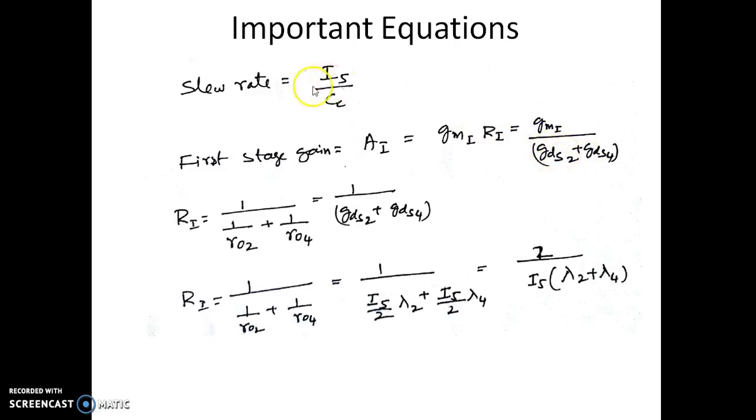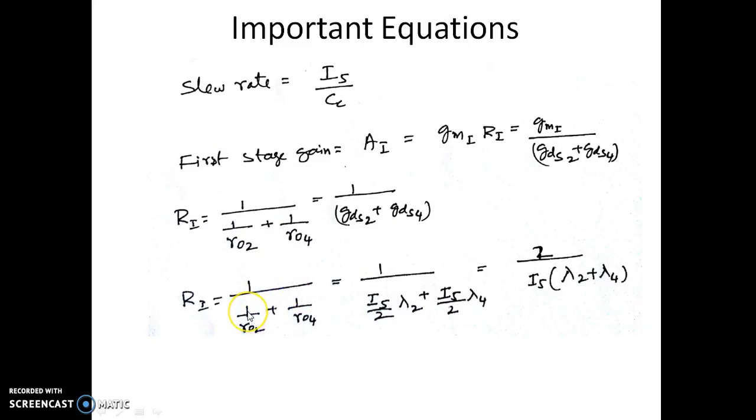The output resistance of the first stage is R02 in parallel with R04. 1 over R02 is nothing but GDS2 and 1 over R04 is nothing but GDS4.